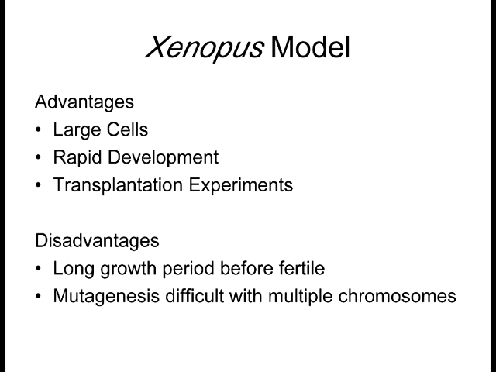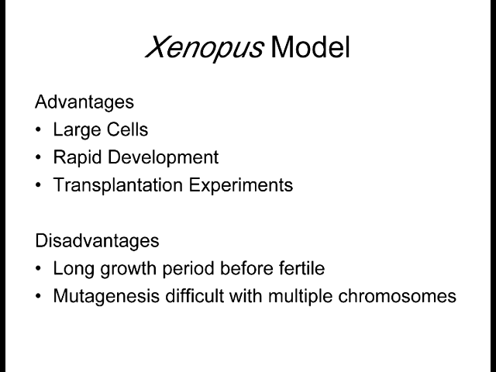We use frogs primarily for transplantation experiments. So the moving tissues from one area to another to answer the questions of specification and commitment of these cells. This is where we've learned quite a bit about that.